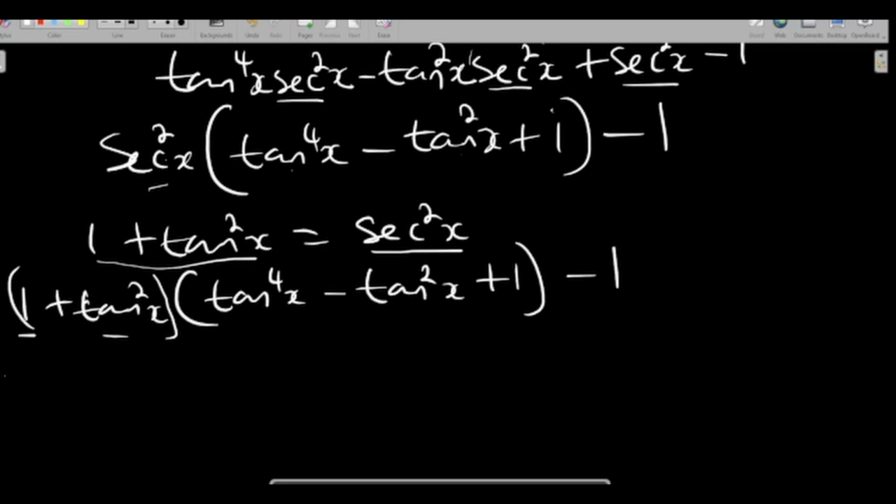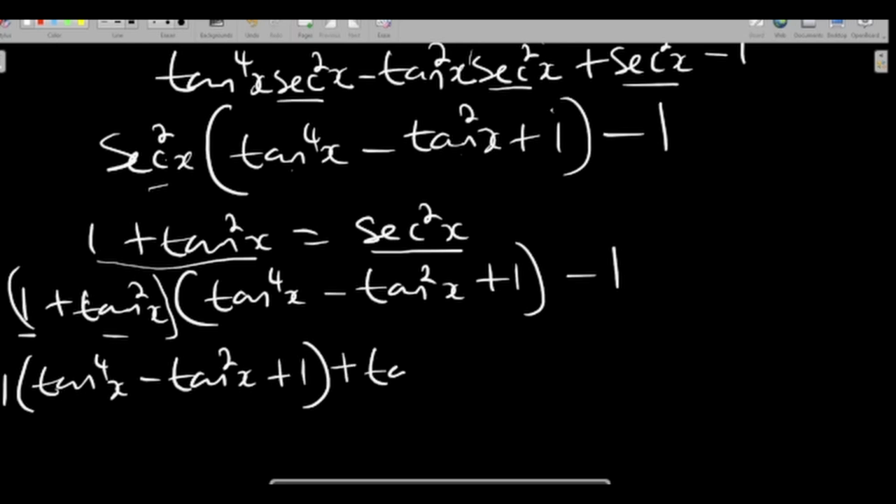Here we have a 1 multiplied by everything in the bracket. So it's going to be tan to the power of 4x minus tan squared x plus 1, close the bracket. And then we have the next bracket, which is plus tan squared x.